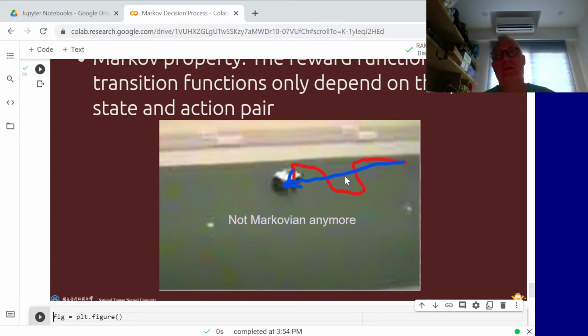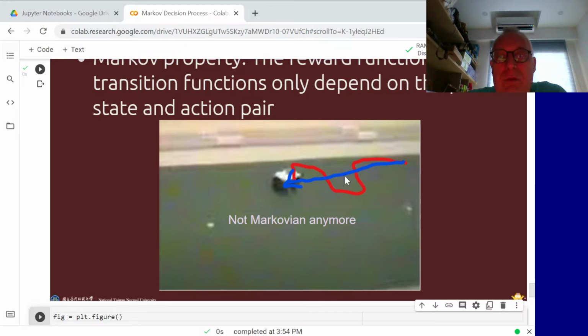So here, yes, this is an example of a non-Markovian domain. It's not a Markovian domain anymore, because if I want to take the smoothness of the control into consideration, then it is not just the current position of the robot, but also how we got there. The history would be important.